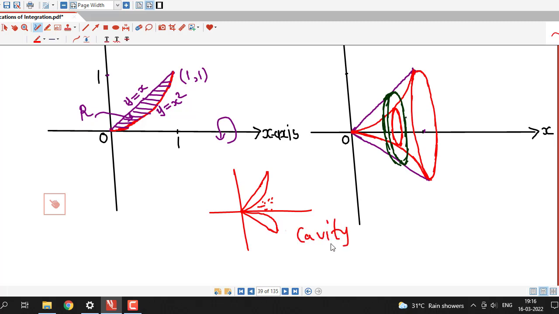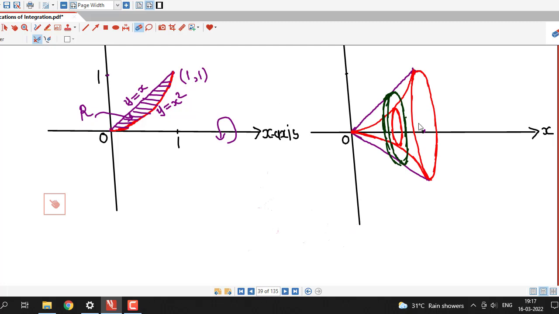Whenever we have a plane region which is the area between two curves, the solid generated will have a hole inside it. And if we take the cross section perpendicular to the axis of rotation, then we will obtain a washer, that is the area between two circles, like this.